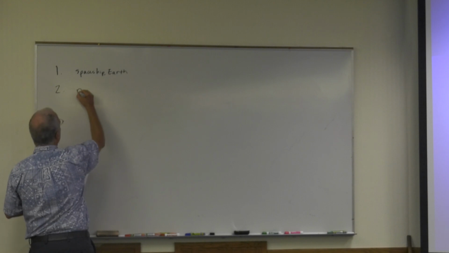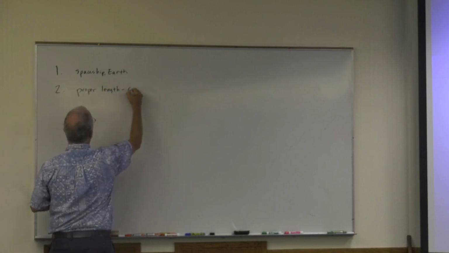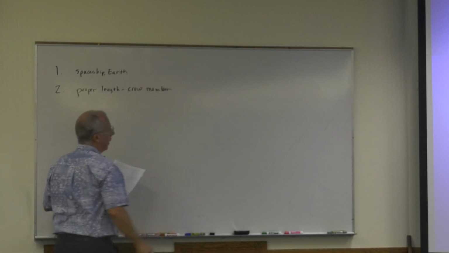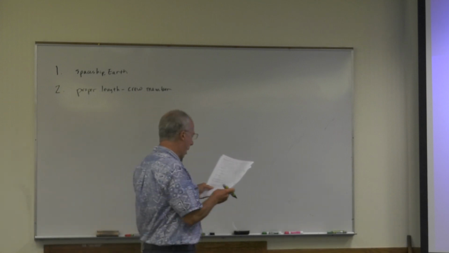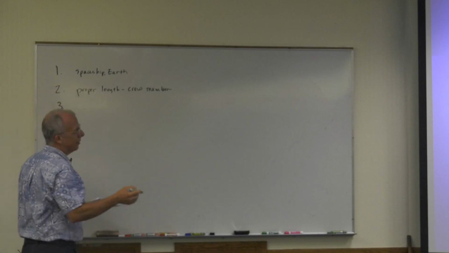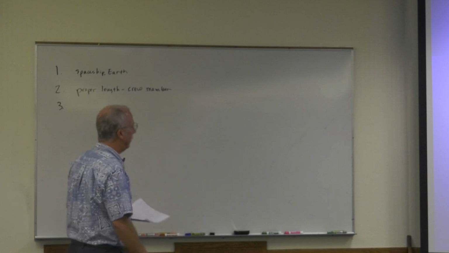So proper length is measured by the crew member. All right, what is the proper length? Well, 400 meters, right? That's what it says. That guy on the spaceship measures the length to be 400 meters.